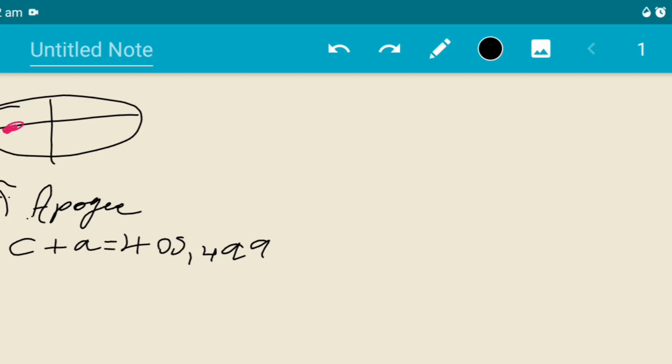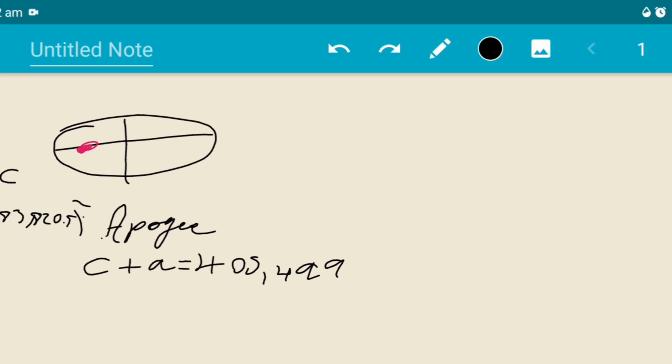Then what is our perigee, or the shortest distance, which is from here until the focus? What is that distance? We can just say the entire distance minus the apogee, or we can just say the mean distance minus C. Why are we saying the mean distance?